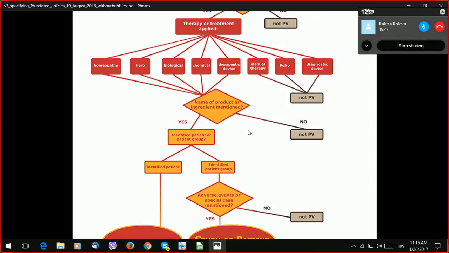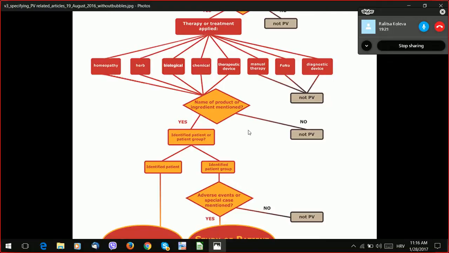In case of homeopathic, herbal, chemical, or biological medicines, either an active substance or a brand name has to be present with the patient. Of course, if both are mentioned, both should be recorded on the article datasheet in the software. If just one of them is mentioned, then please don't record the other one, in the name of the rule of objectivity. So please have that always in mind.